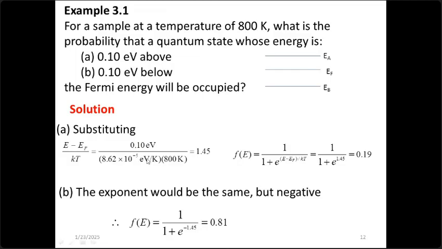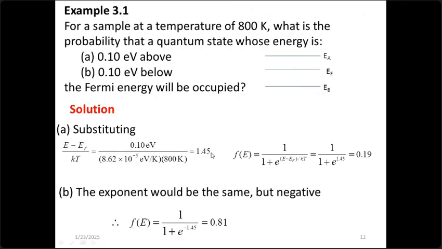Do we know the value of K? Yes, we were given them here. If I'm using electron volts, then I will use this value of the Boltzmann constant. If I want to work in joules, then I'll use this value of the Boltzmann constant.